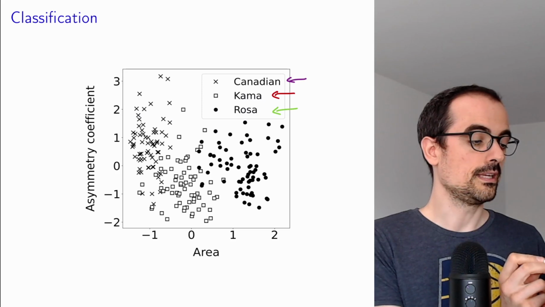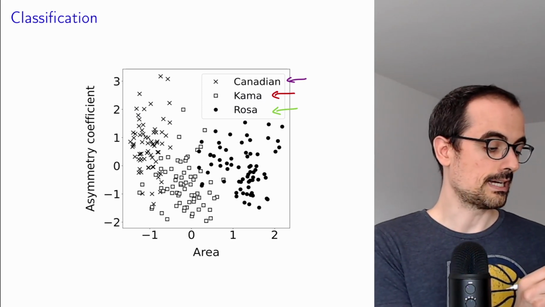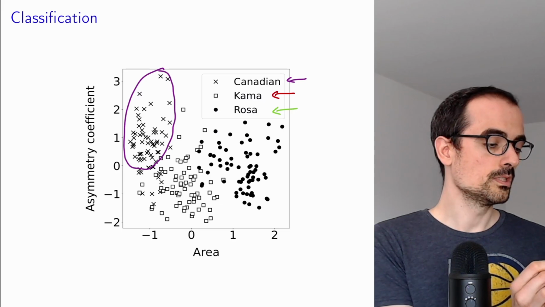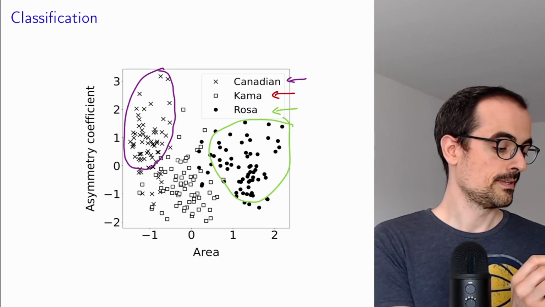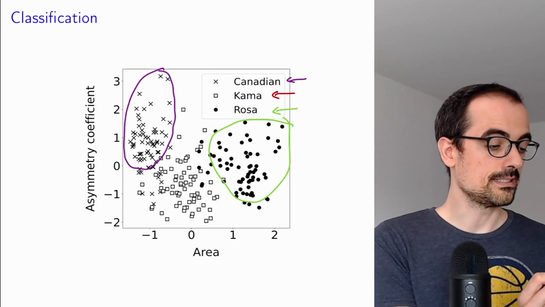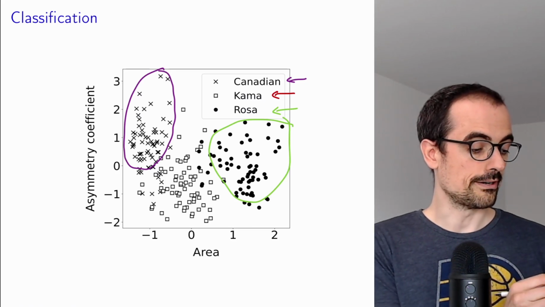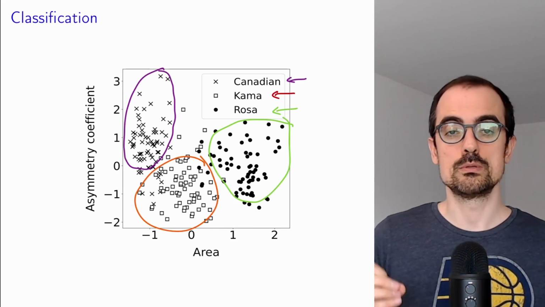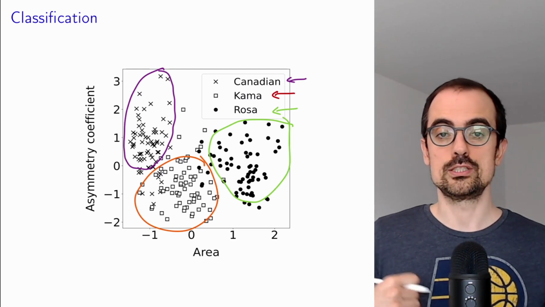You can see here, very briefly, that the Canadian seeds have higher asymmetry, the Rosa seeds have larger area, and the Kama seeds have both smaller asymmetry and smaller area at the same time. Okay, so we're hoping to be able to classify automatically new seeds based on these two features.